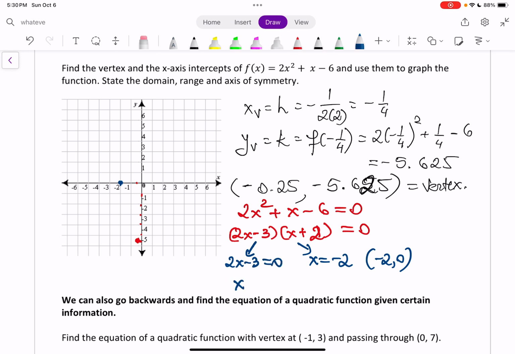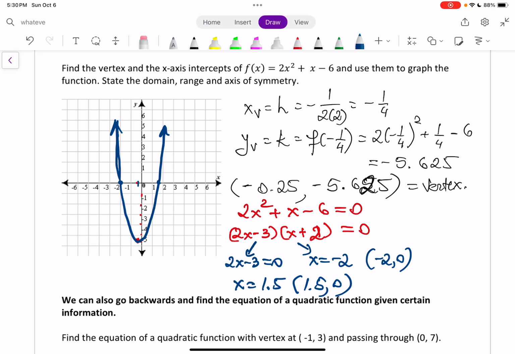So if I solve this, add 3, divide by 2, I'm going to get 1.5. So I have the point of coordinates 1.5, 0 on the graph. They're very much symmetrical. In other words, same distance away from this x of negative 1/4 that we got for the vertex, right?